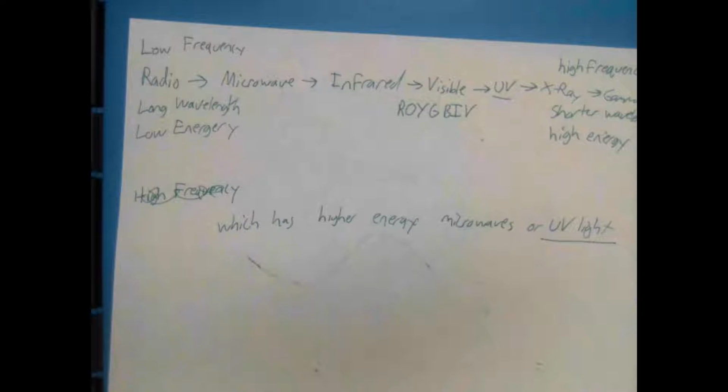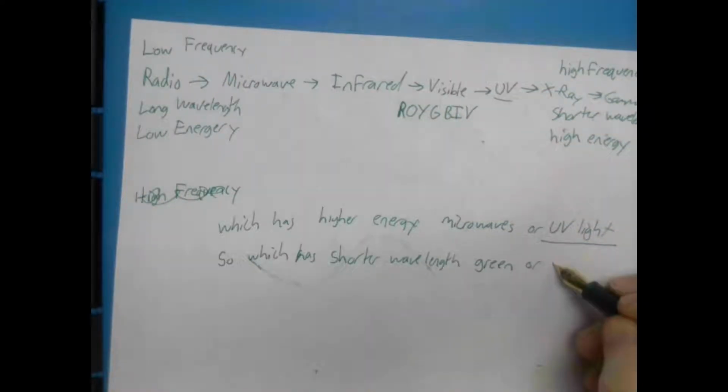So, which has shorter wavelength? Green or yellow? Yes. Green. And it's closer to the right.